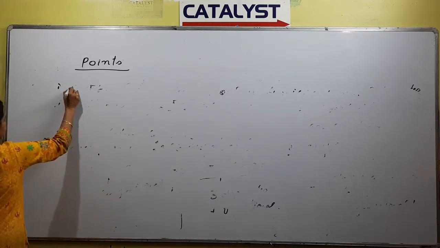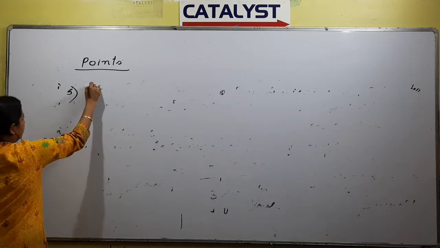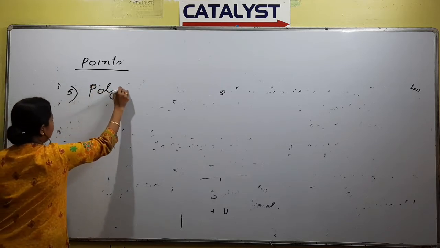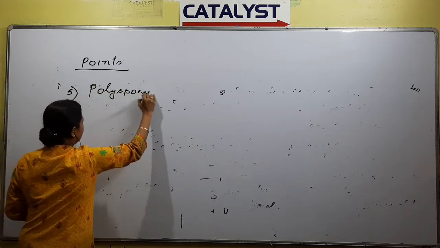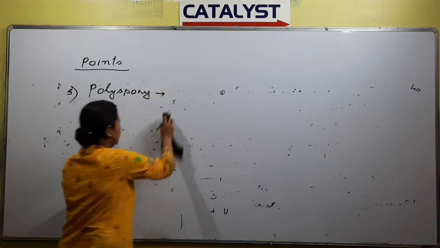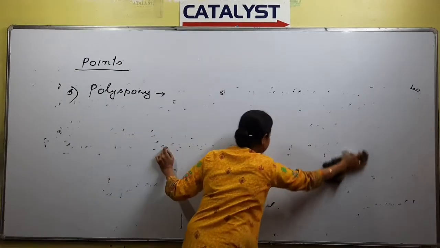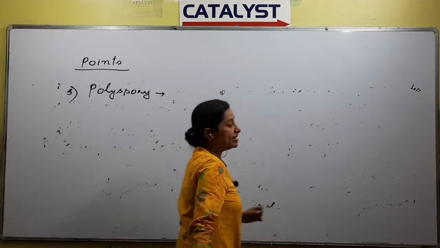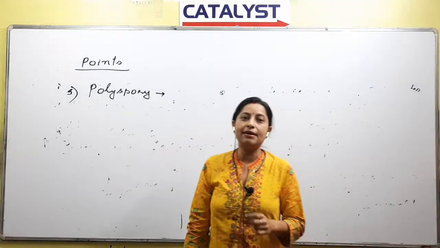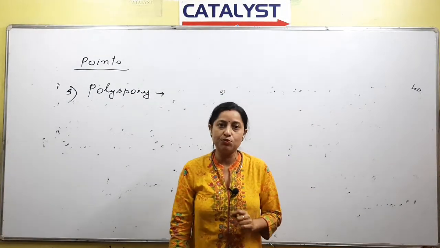Then point number 5 is a word called polyspory, right? So what is polyspory? If from 1 microspore mother cell more than 4 microspores are formed, then what do we call that process? Polyspory.